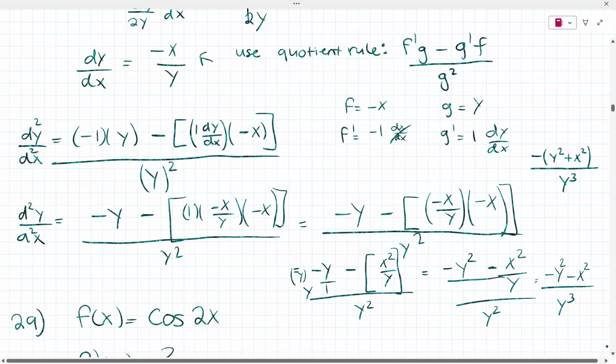And there's one thing we know from our previous problem. If you go all the way to the top of your previous problem, x squared plus y squared equals 4, right? So you're going to replace this with 4.